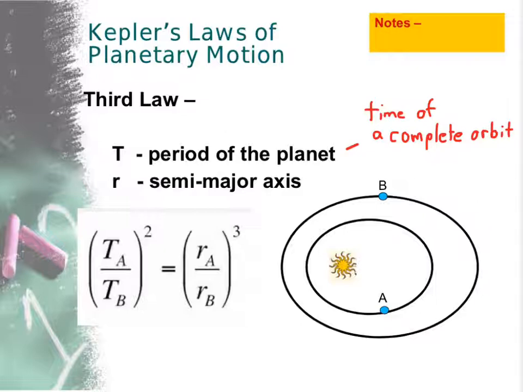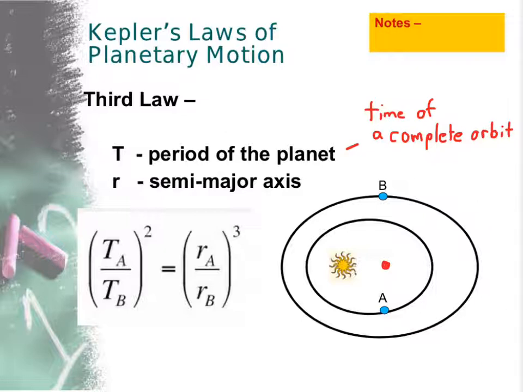Well, what is this R thing here? This R is what's called the semi-major axis of the orbit. So if you were to pinpoint the center of the ellipse, let's say I'm going for planet B, and let's say that for planet B, this is the center of its ellipse.